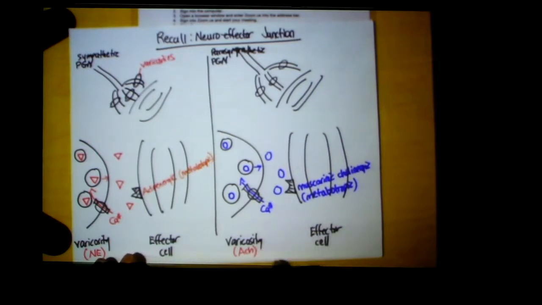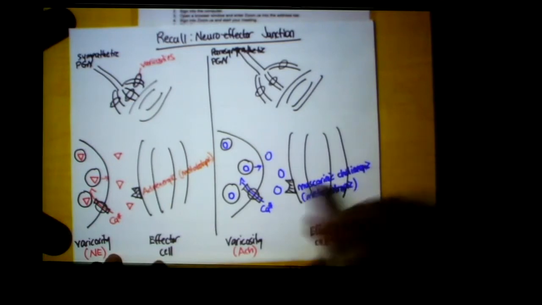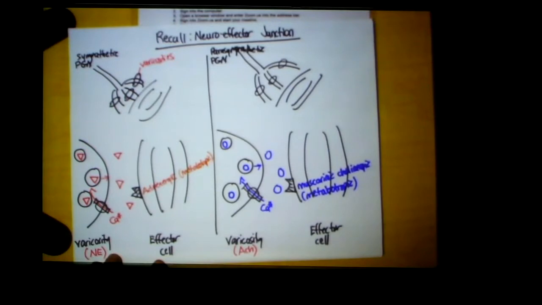Any questions on that? If you're not clear on this, please go back over that. We did this on Friday: the types of receptors, where they bind, what they bind, the subtypes, and what tissues they're found on. So then the second neurotransmitter is released, binds to its specific receptor, and that brings about some type of cellular response.